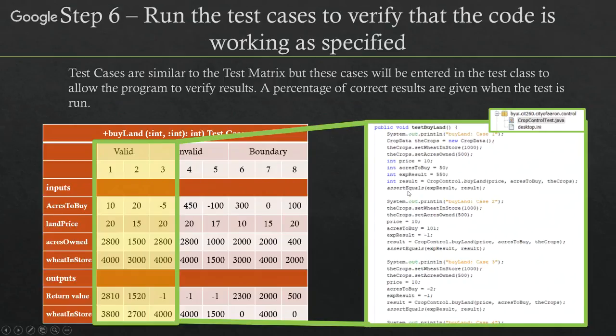The test module here wants to look at this assert equals. So if the expected result equals the result, then we give a thumbs up. We're good. We get 100% on that one. So apologize for the incorrect picture there.